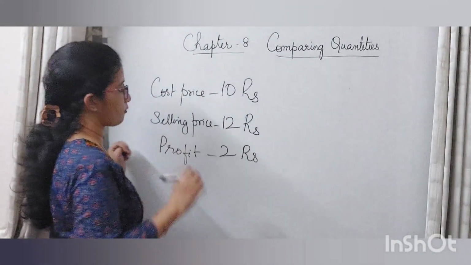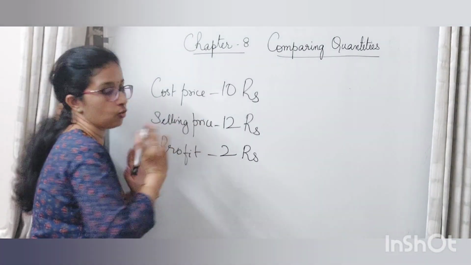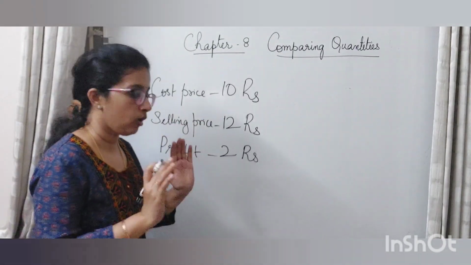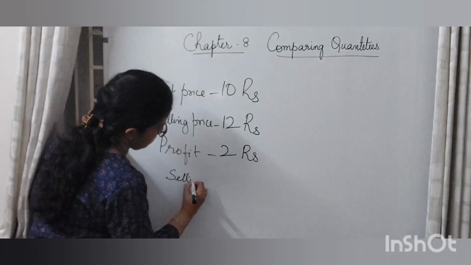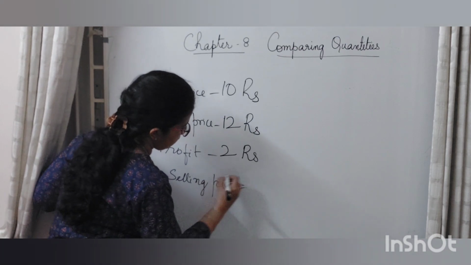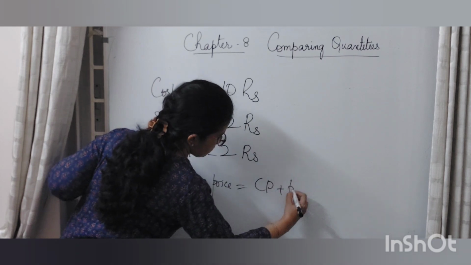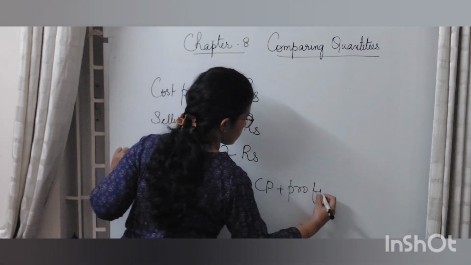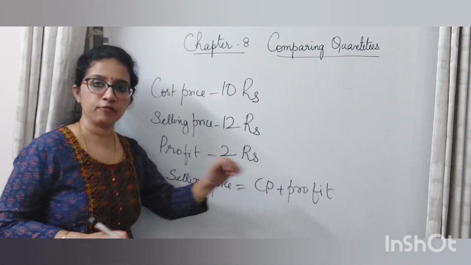Okay, this is his profit. These three are the important things which you have to know. Now what can we say? The selling price we can say is equivalent to cost price plus profit. Correct? Selling price is equal to cost price plus profit.